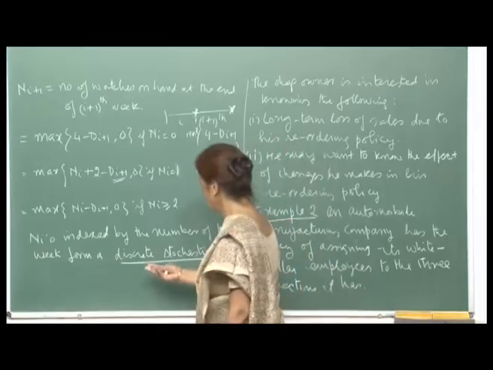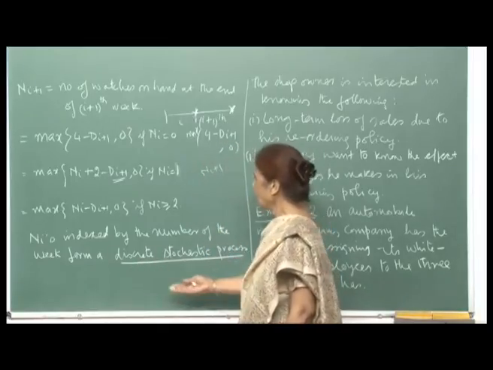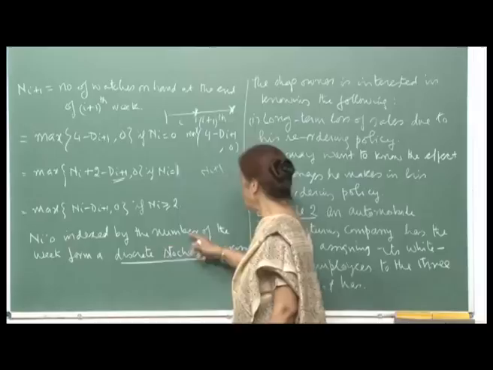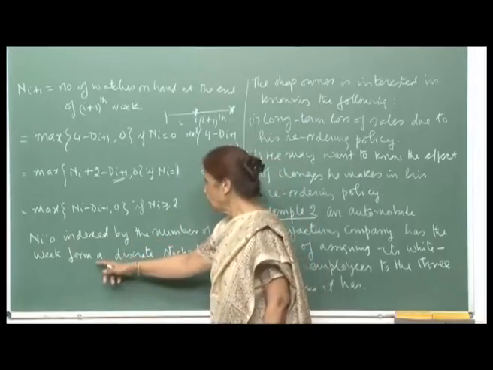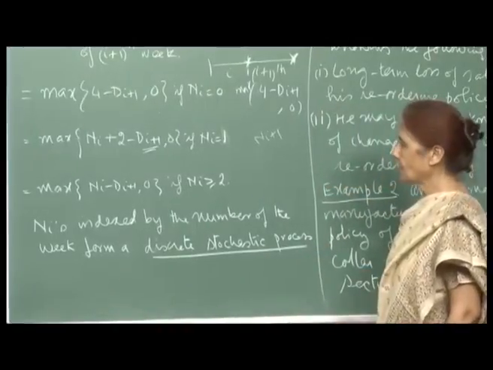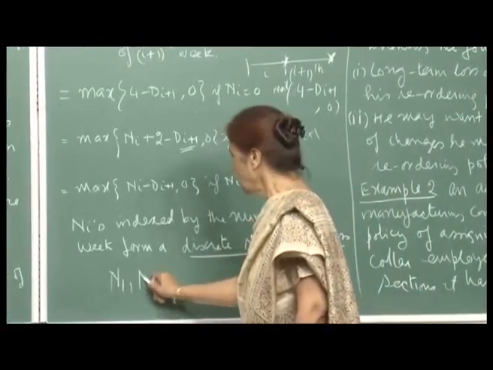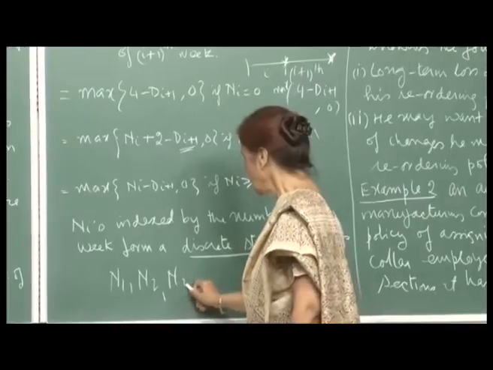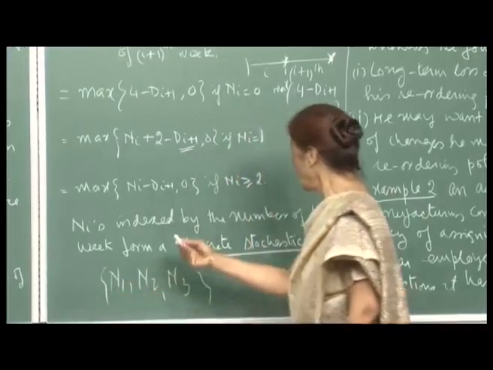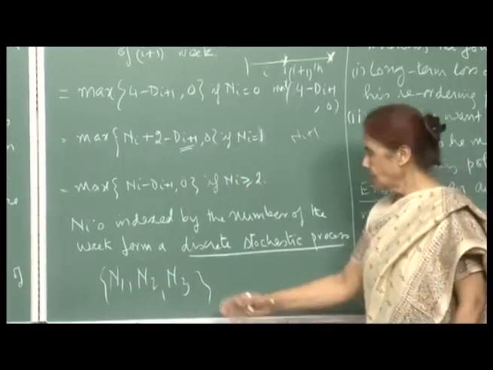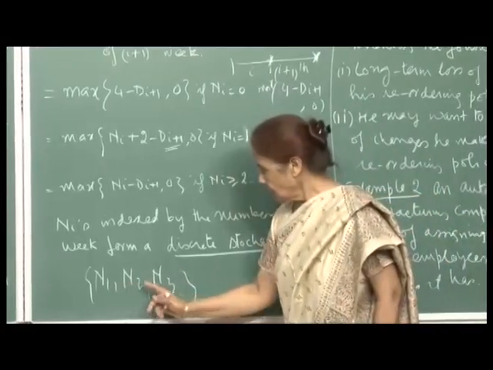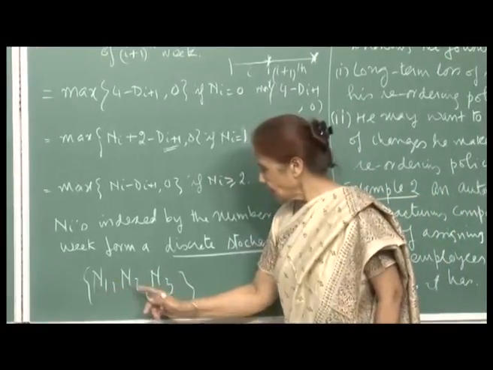Now I can sort of give you a definition here saying that n_i's indexed by the number of the week form a discrete stochastic process. So, then when you take these n_1, n_2, n_3, so these are 3 random variables and they form a. So, see, the thing is that you are giving them an index which is discrete.